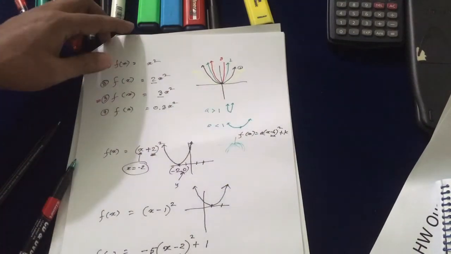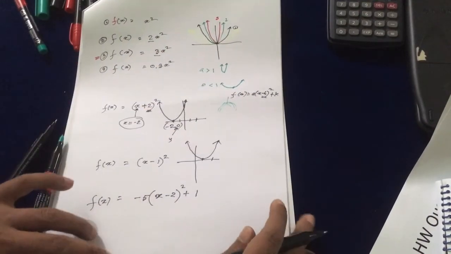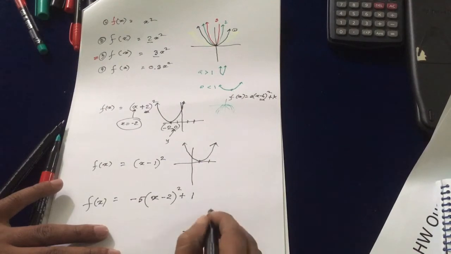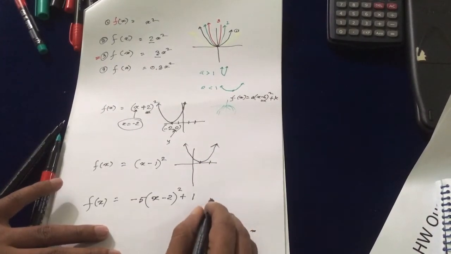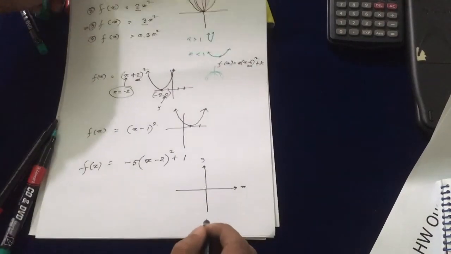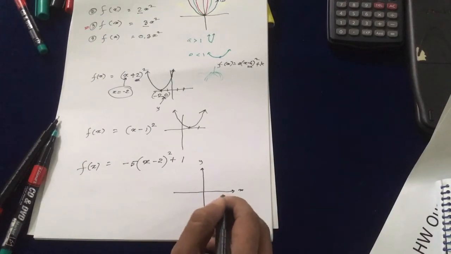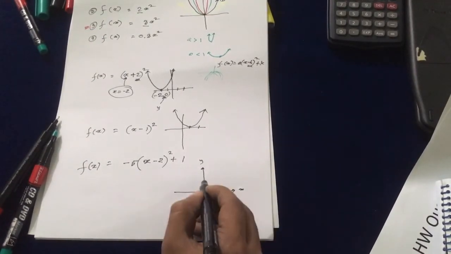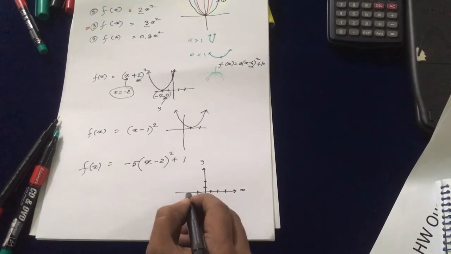Now we have to look at the main format of the vertex form. Then we have this x, y, and we are trying to draw it. If we want to draw it, first of all, look at this. This is our 1, 2, 1, 2, 3, 1, 2.